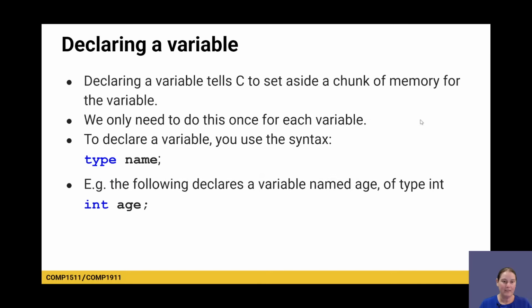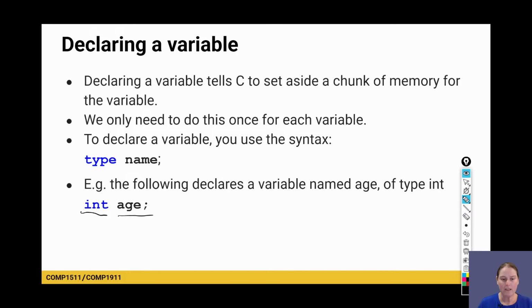Okay, so how do we use these types in our program? Well, first we've got to declare our variable, and when we declare our variable, we need to put the type, and in this case, the type I'm saying is int, and then we need to give it a name, and in this case, the name I'm giving it is age.